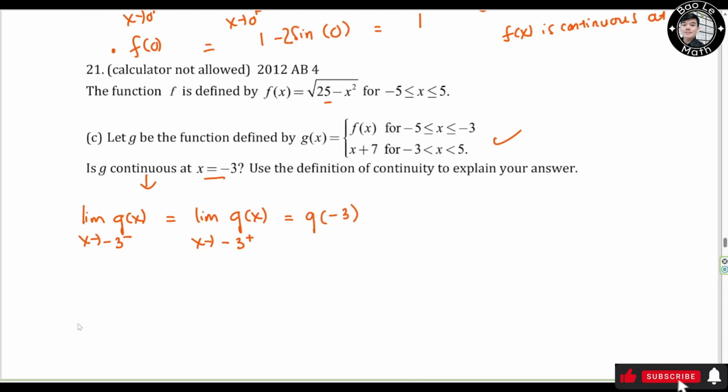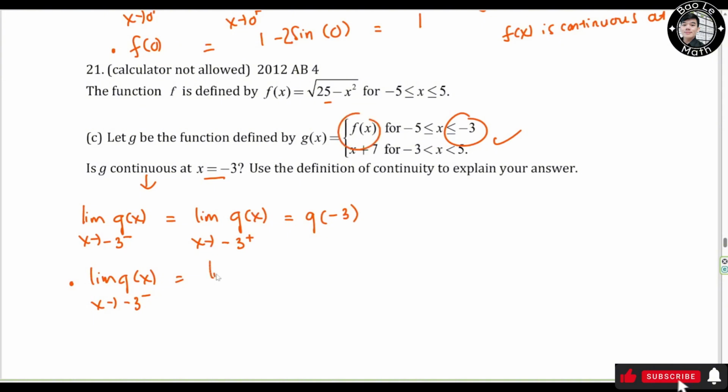Now, step number 1, we need to find the limit of the function g of s when s approaches -3 minus, right? So for -3 minus, we're gonna pick this piece right here, which is the function f of s.